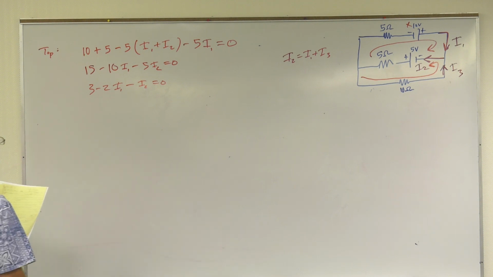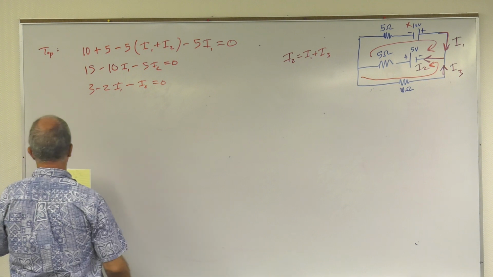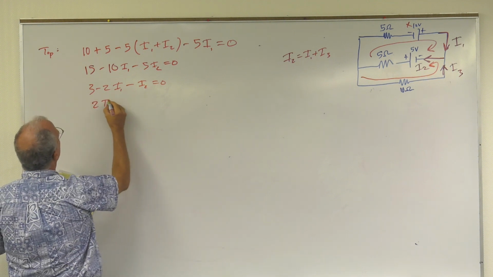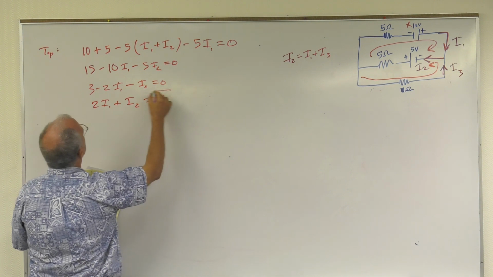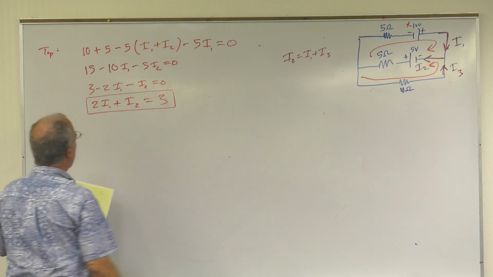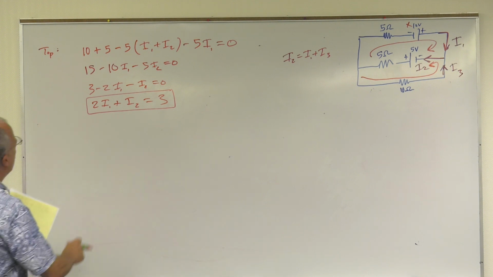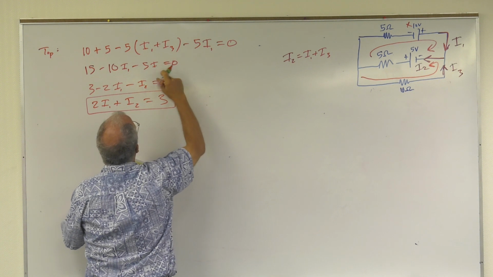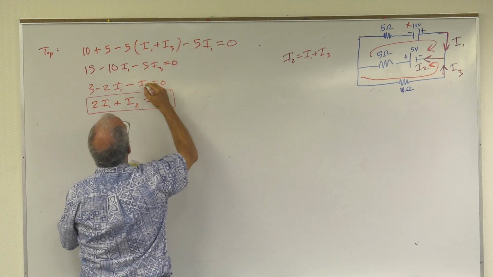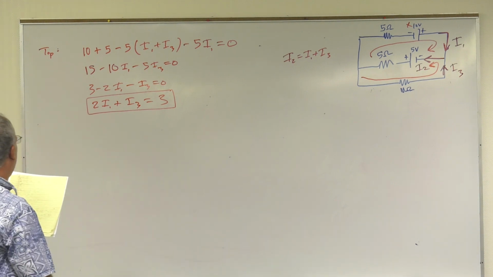Keep it simple, and then let's just get the currents on one side and the numbers on the other side. So we have 2I1 plus I2 equals 3. All right? So there's our one equation. Sorry, that was really bad, right?